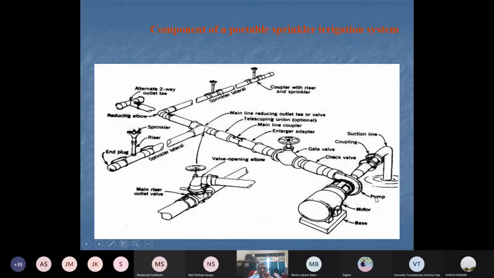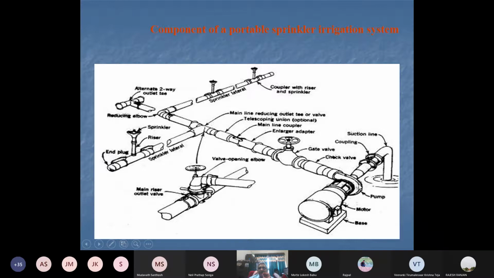A pump has two ends: one end is the suction end and another is the delivery end. So this is the suction end, the suction pipeline, and the suction pipeline is provided with a coupling where the pump is connected. There is a pump and the pump is coupled with an electric motor.